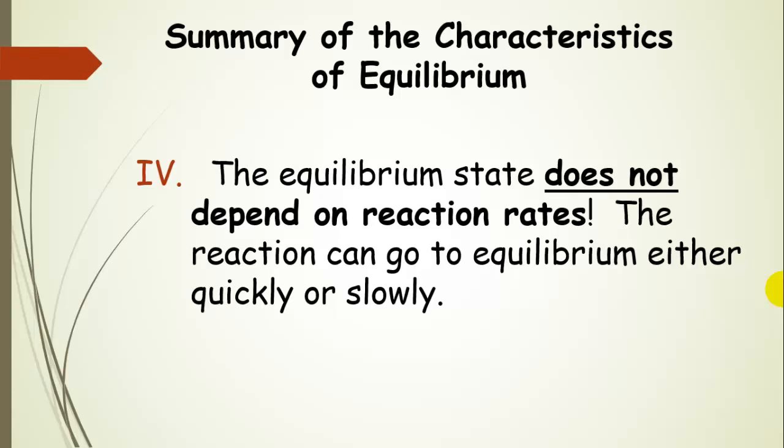And also remember that the equilibrium state does not depend on reaction rates. So the reaction can go slowly to equilibrium, or it can go quickly to equilibrium, but either way, it's still going to equilibrium. It doesn't matter if it's fast or slow. The equilibrium state does not depend on how fast it gets there.